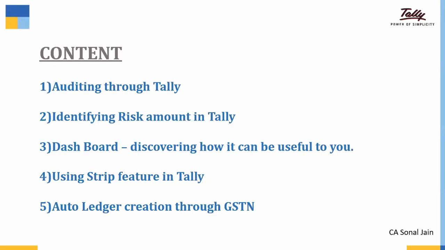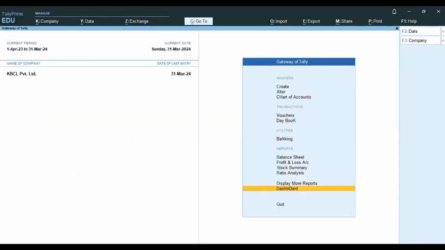Then discovering the dashboard in Tally, identifying the stream feature of Tally, which is a new feature of Tally 5.1, and auto ledger creation through GST in Tally 5.1. So switching on to the Tally screen.